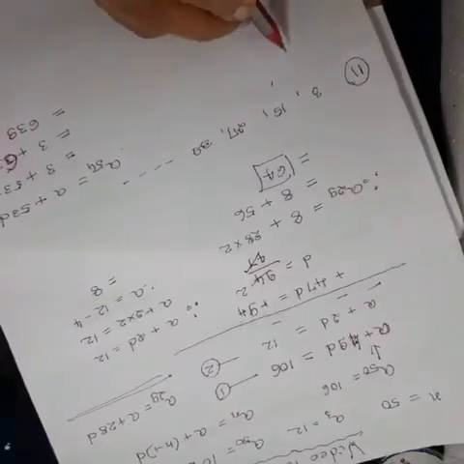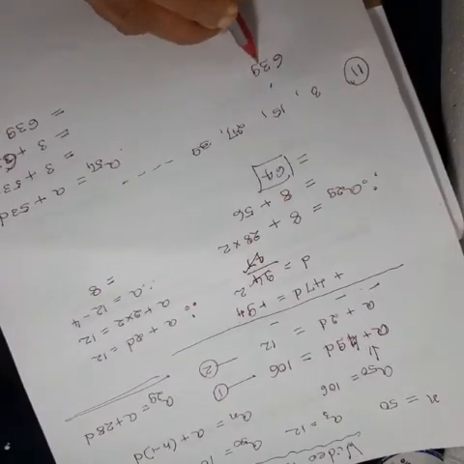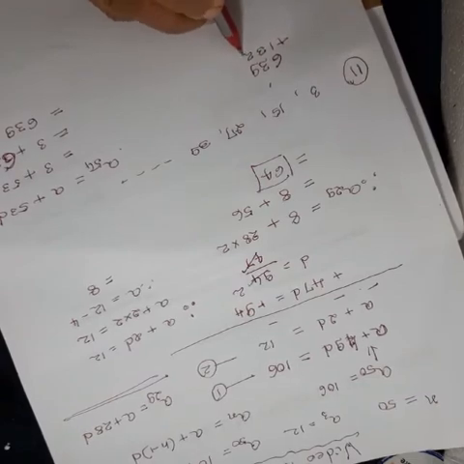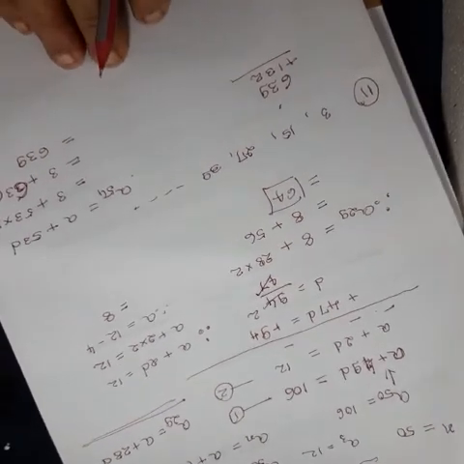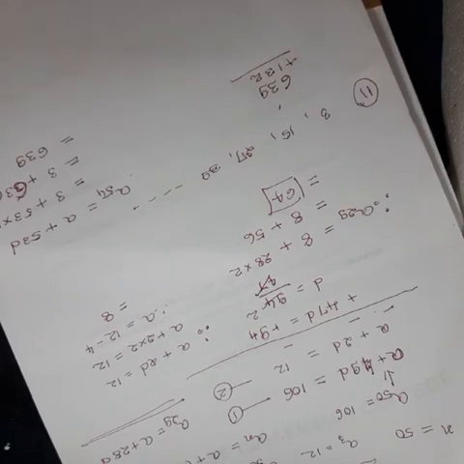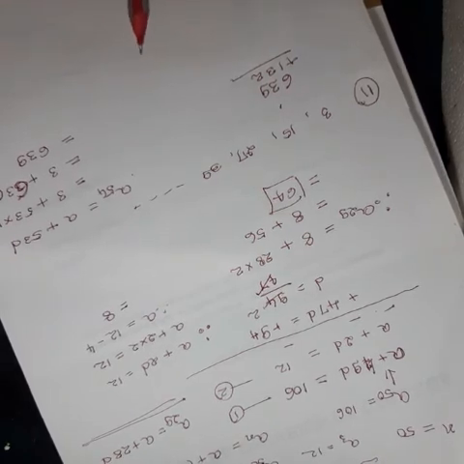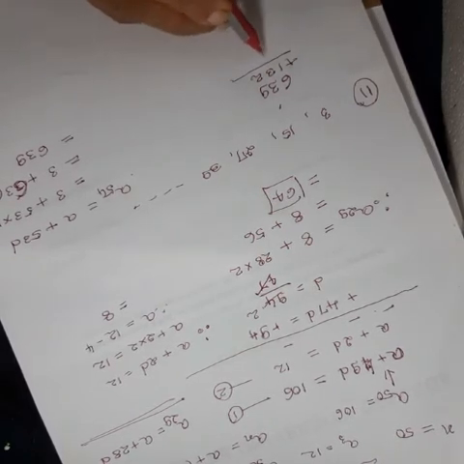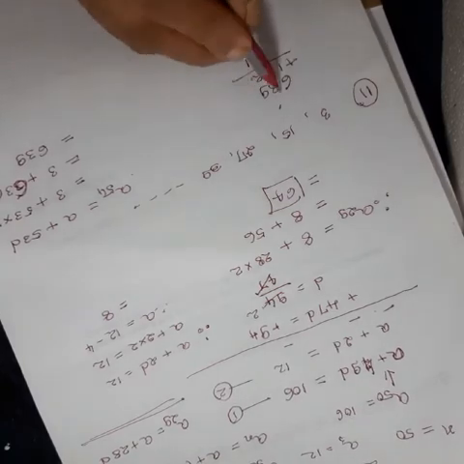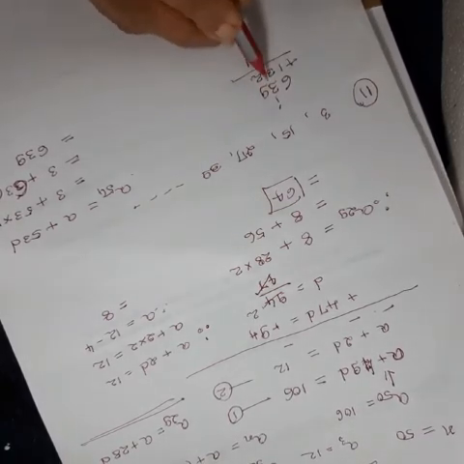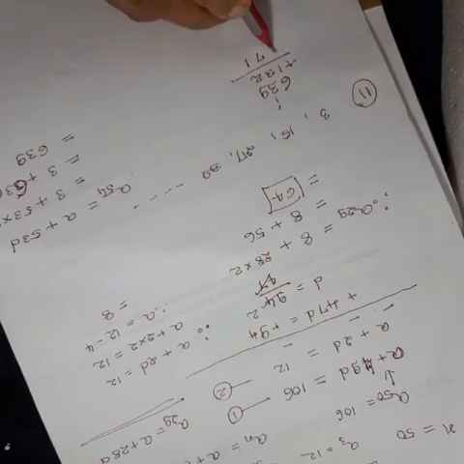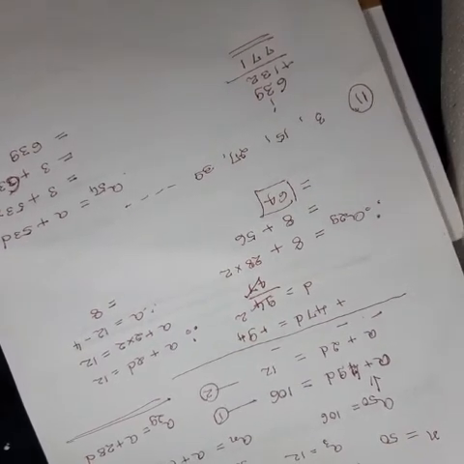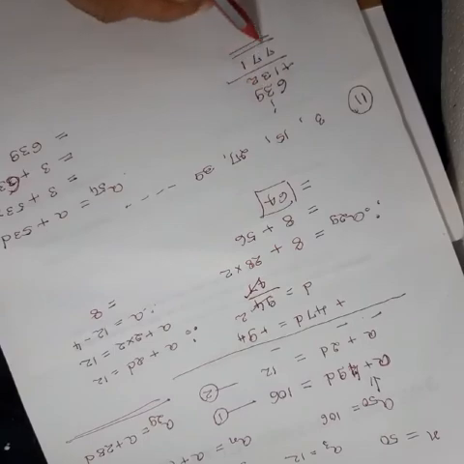To this 639 you must add 132, because you want to find which term is 132 more than the 54th term. So you must understand the problem very well. So I add 132 to this, and you get 771. According to the data given, you have added 132 and got 771.